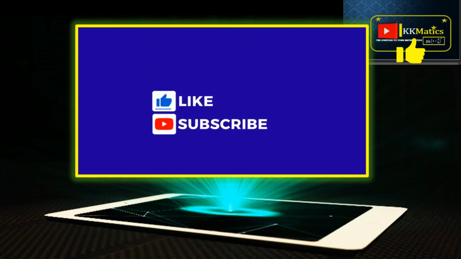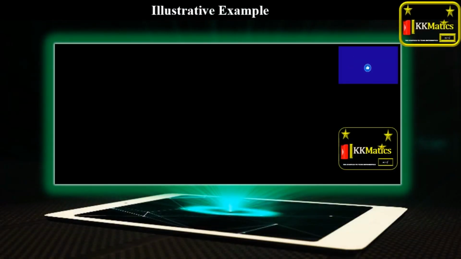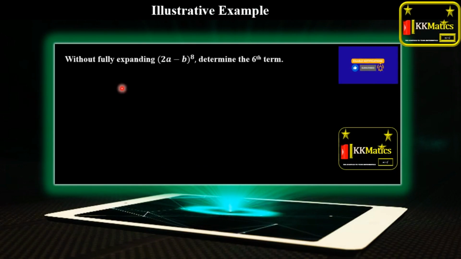Now let's move on to an illustrative example here. Without fully expanding (2a − b)^8, we are to determine the sixth term.